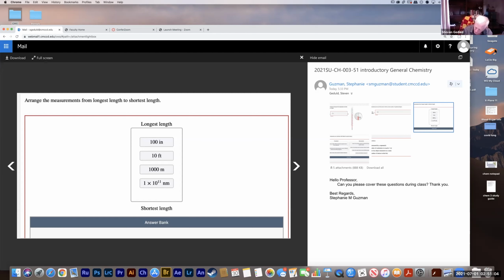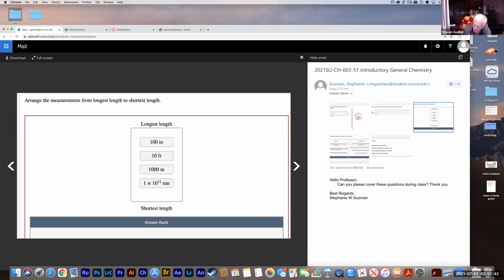So 100 inches. Take 100 times 2.54 equals 254 times 10 to the negative 2. So 100 inches is 2.54 meters. 10 feet divided by 3.28 is 3.05 meters.